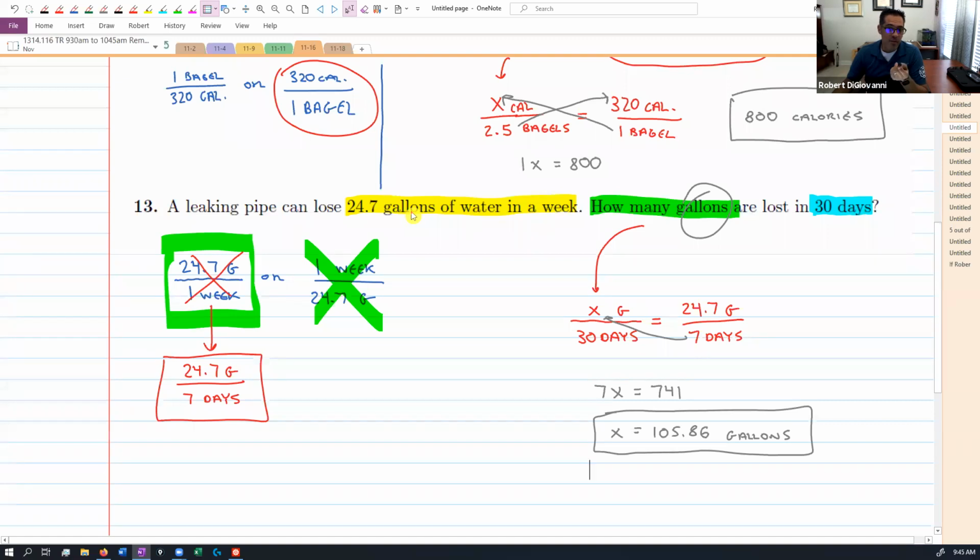True story here. Right after COVID hit, I think it was April. Was it April of 2019? Is that when things really started? They started to lock everything down right after spring break.